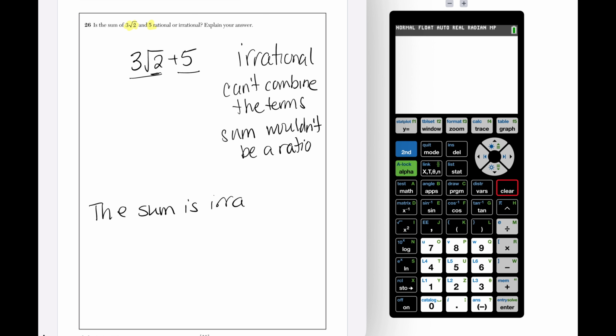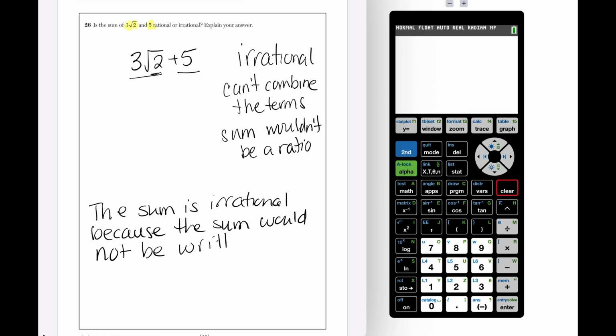The sum is irrational because the sum would not be written as a ratio.